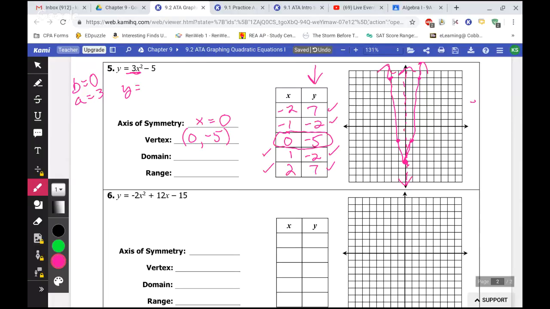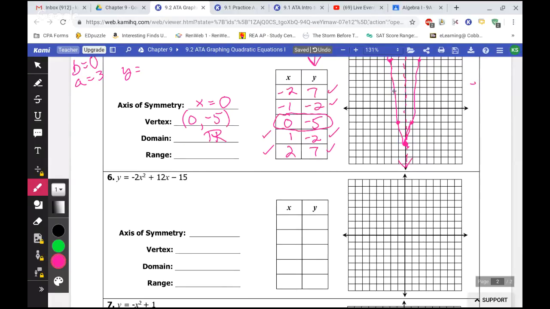Okay? So what is my domain? All real numbers. Good job. And my range deals with which coordinate, the X or the Y? The range deals with X or Y. Are Kennedy and Reese still with me?